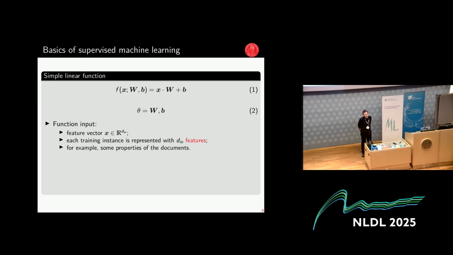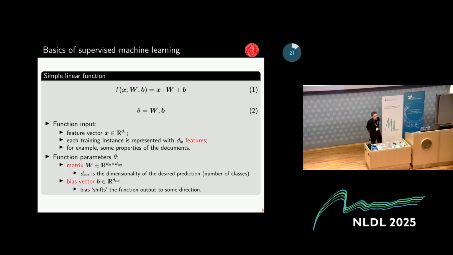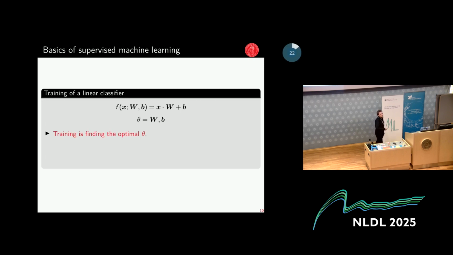These properties are features, and the number of features defines the dimensionality of the input vector, right? We multiply this input vector by the matrix W, which basically contains the parameters of our model, right? And then we add the so-called bias term, right? And the result of this multiplication and addition is the prediction of our model, right? This prediction is a class, right?